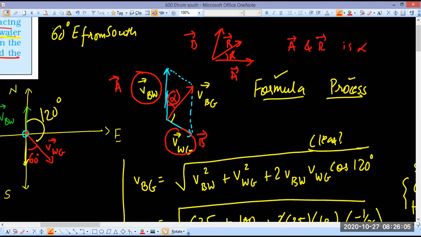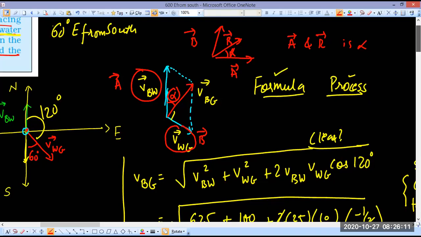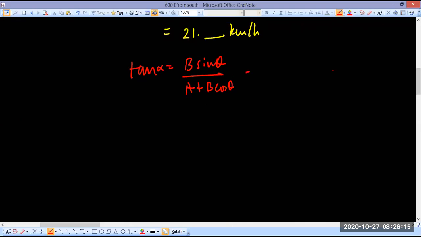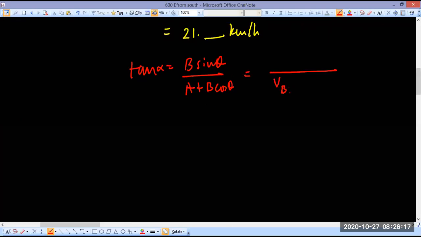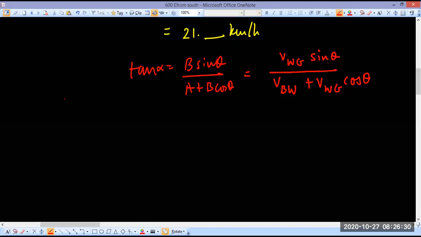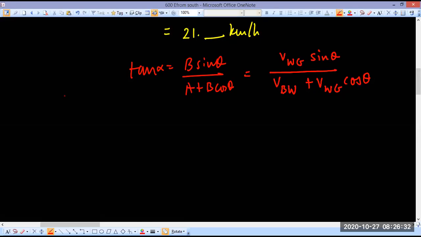So let's take this as A and this as B. So again, VBW is A, and the other one is B. I hope you would have understood the use of the formula, right?